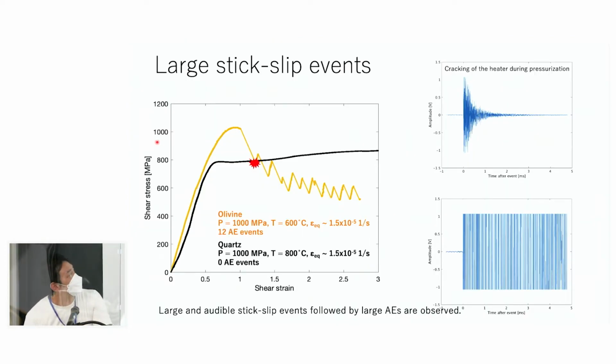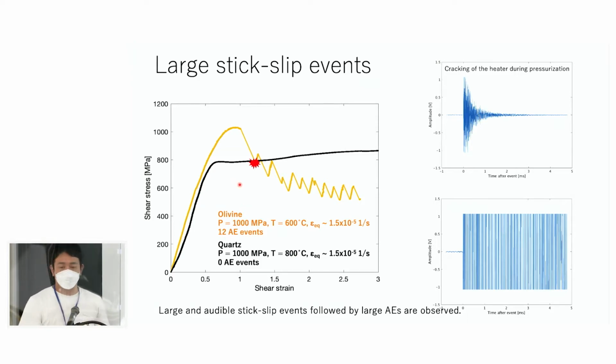And this is a typical result. The vertical axis is shear stress, how much shear is applied, and the horizontal axis is shear strain. This orange line shows the result for olivine at 600 degrees C, and the black line shows a control experiment using quartz at the same pressure but slightly higher temperature.